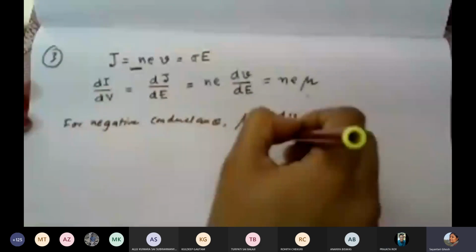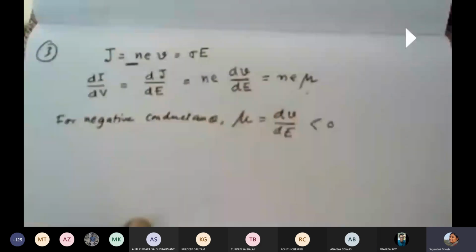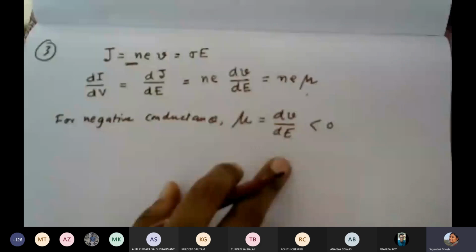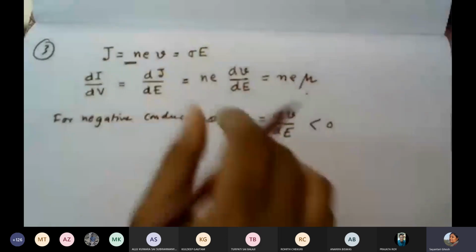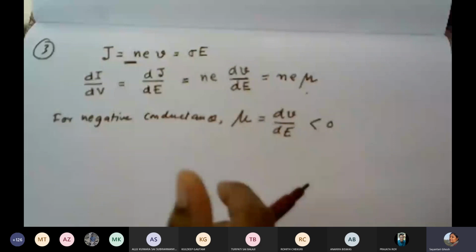Mu, right? So for negative conductance devices, mu will also be negative. That is a very important thing to remember: the mobility of the carriers is going to be negative if I am talking about a negative conductance device.